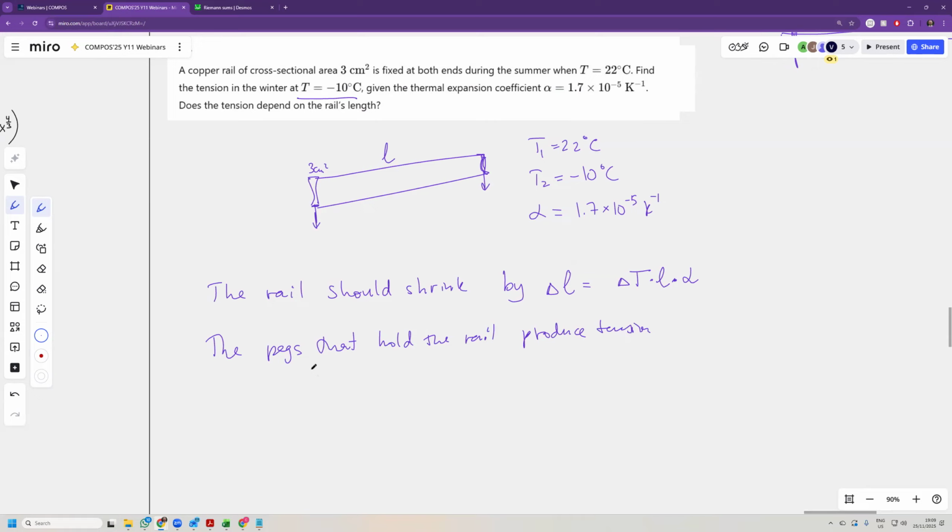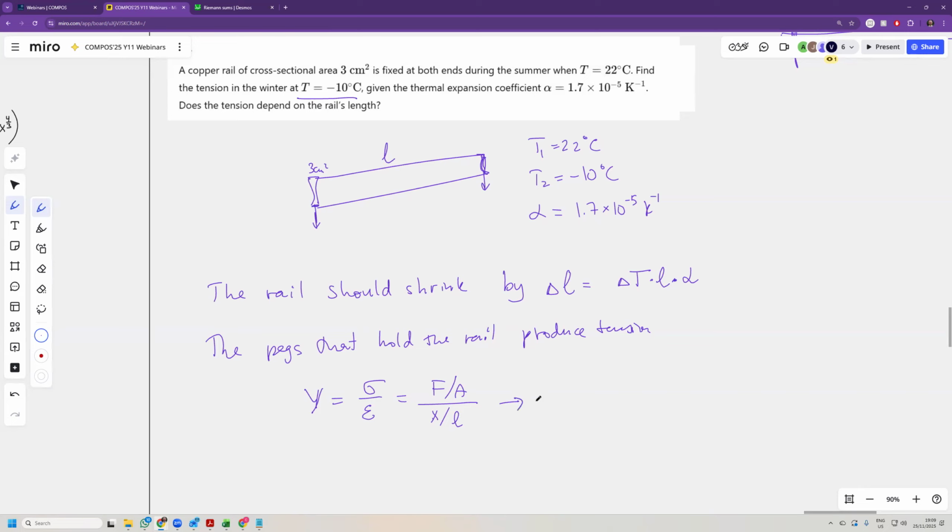And that force is, sorry, Young's modulus is stress over strain. And we know that stress is force divided by cross-sectional area, and strain is the extension divided by original length.